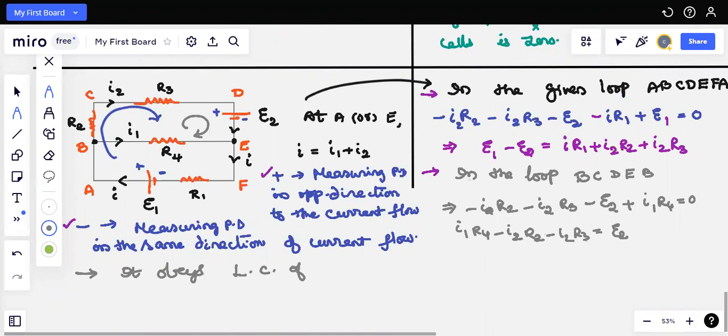Potential is work done per unit charge. Work done means energy. So it obeys the law of conservation of energy. Very good.